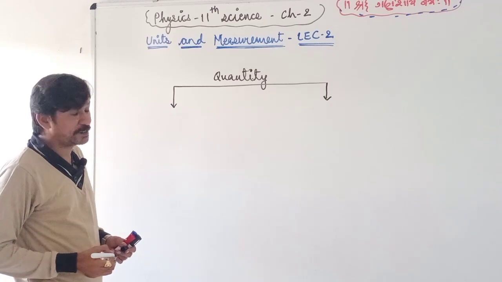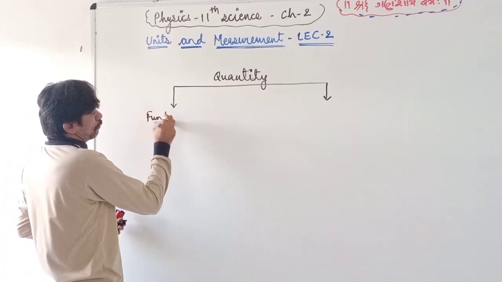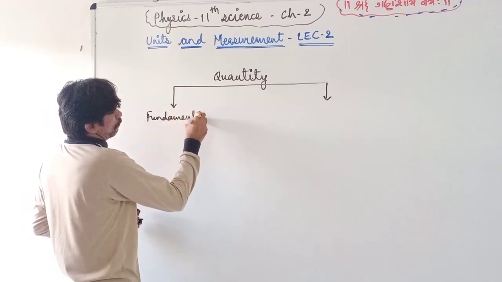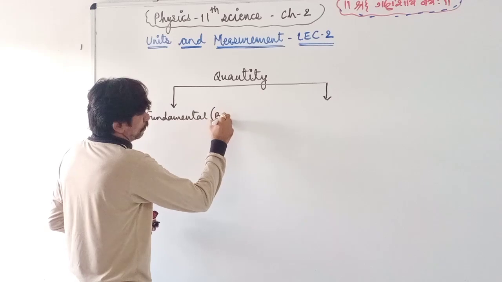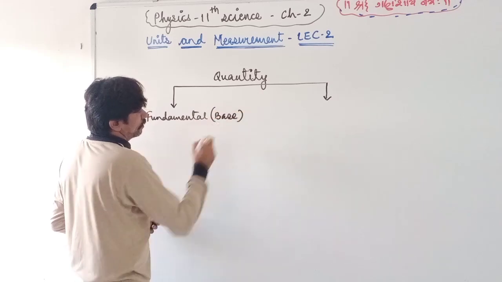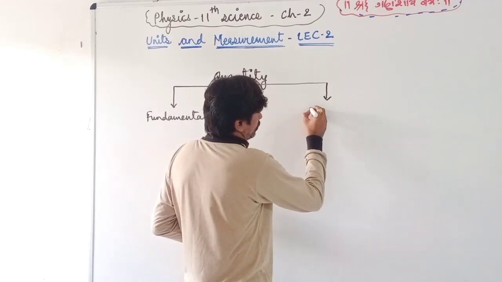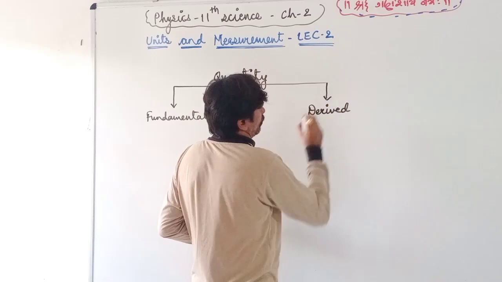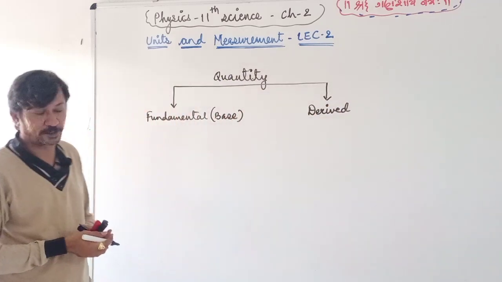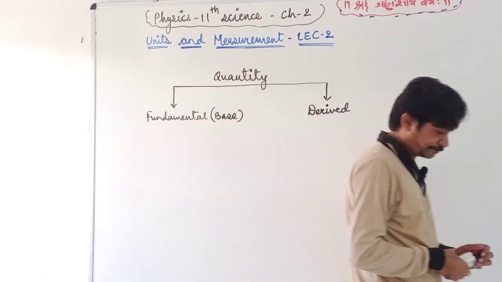Quantities are classified into two types. Fundamental or base, simply base or basic. Another type is derived physical quantities. These are the two types.